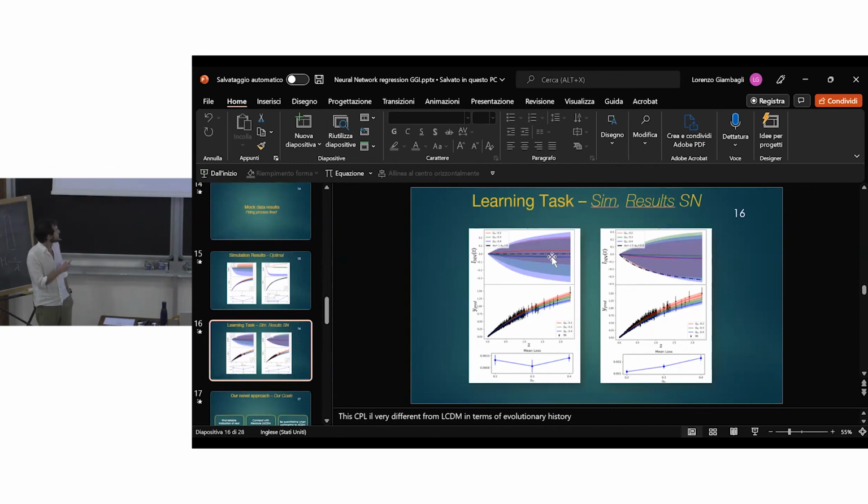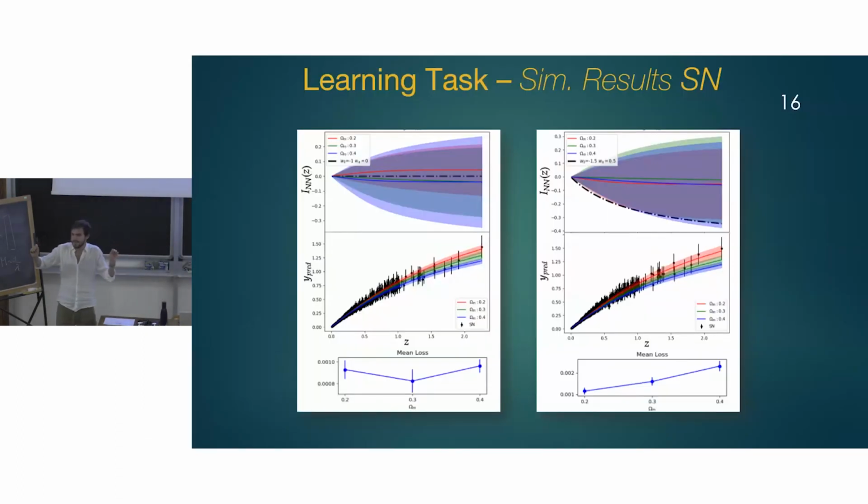This is the best loss. The omega m 0.3 is this, and the dotted line is the integral you should expect. So I mean, it's well fitted. It's a nice fit.